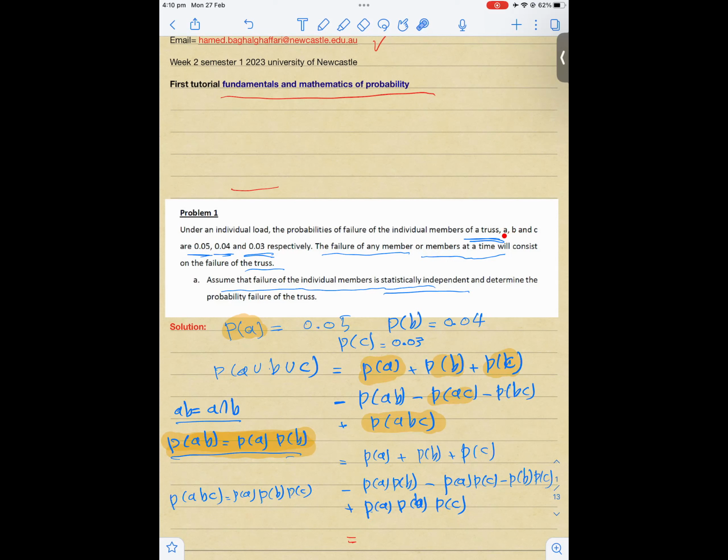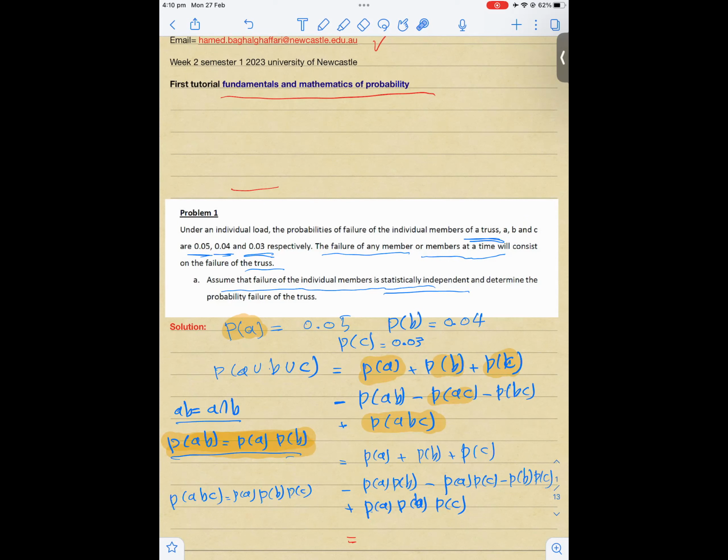We got A, B, C. If any of them fail, then the whole truss will be in trouble, okay? A, B, C, okay?